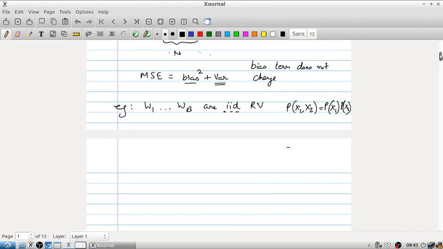And if they're IID and they have a finite second moment, as in a finite variance, let's say it's sigma square, then the variance of 1 by B times the sum over b of wb is just equal to, any ideas?